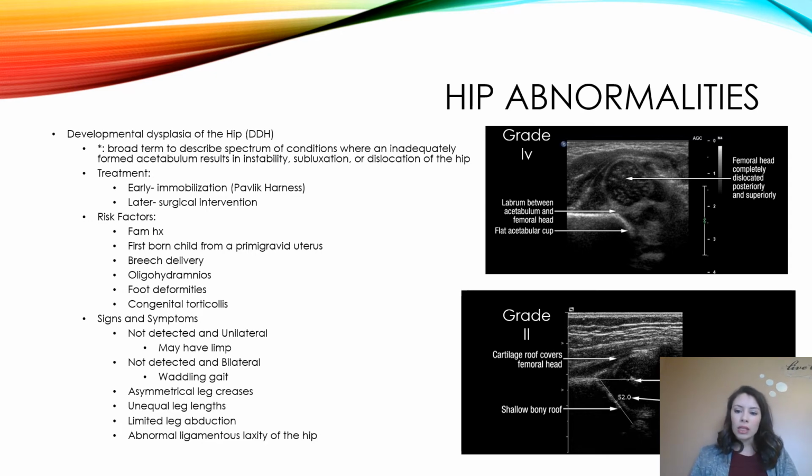I don't know if you can see this one very well, but you can just tell that it's not in place because here's the roof of the cartilage and the femur isn't completely covered by that. You can't really see that because I'm in the way.